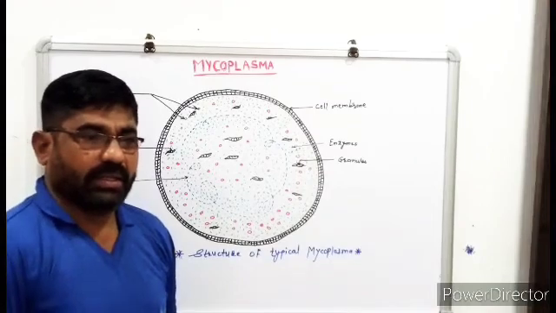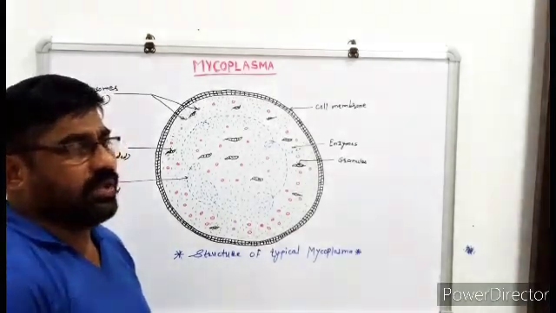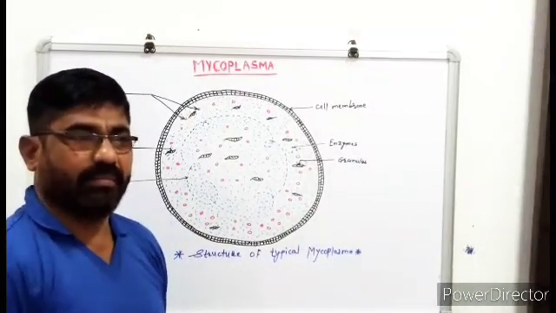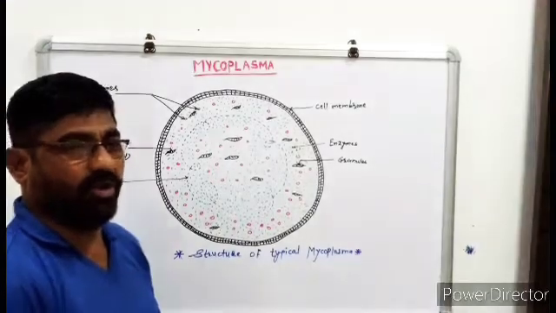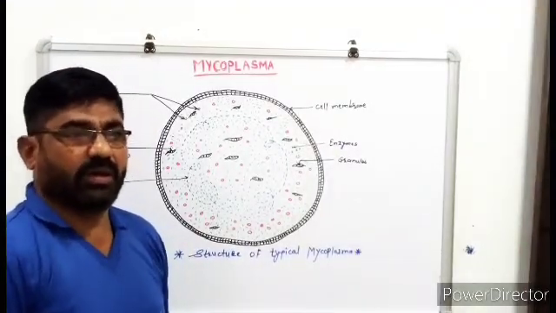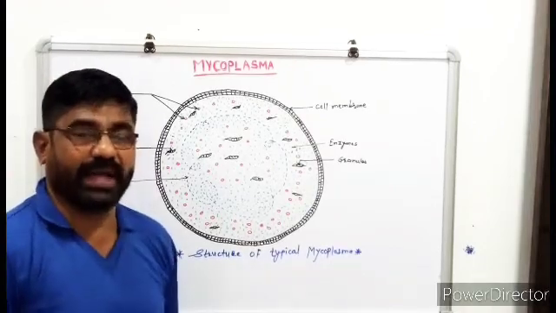Okay, they are parasitic in nature, so there are two types of mycoplasmas: plant infecting or parasitic, as well as those infecting humans and other vertebrate animals.